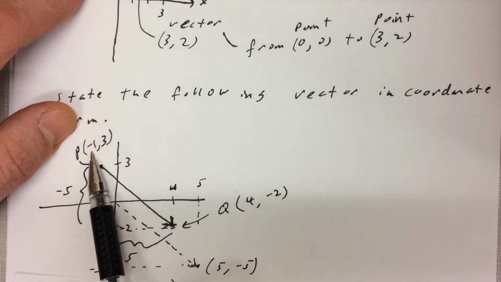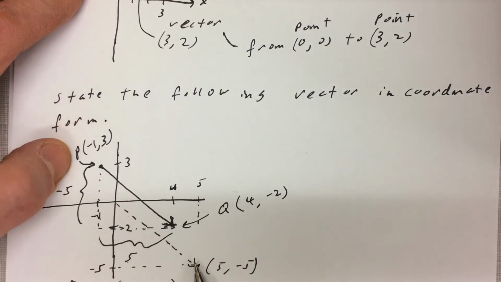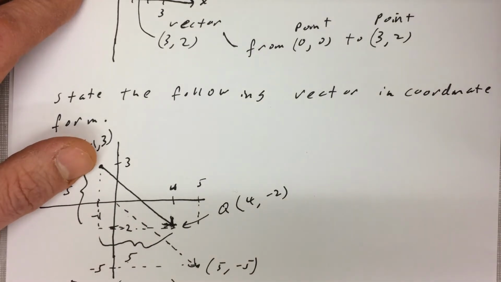From -1 to 4 on the x is going across 5. So if we take this whole thing and translate it down to the origin, this is what we get as the vector here. So the vector PQ is equivalent to the vector from the origin to the point (5, -5). So we call the vector PQ [5, -5].